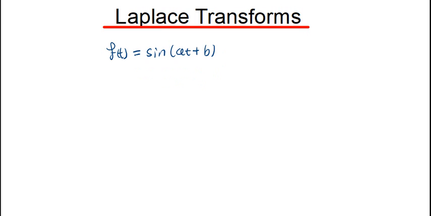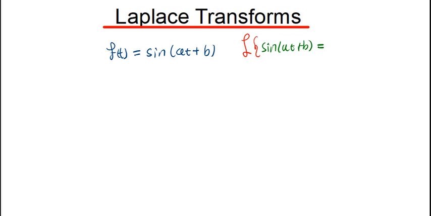Now if you go to the Laplace transform tables, you're going to find that the Laplace transform of this same function, sine at plus b, is equal to something that appears to be a bit complex, but I'm just going to write it here in advance so that we have a picture of what we are looking for.